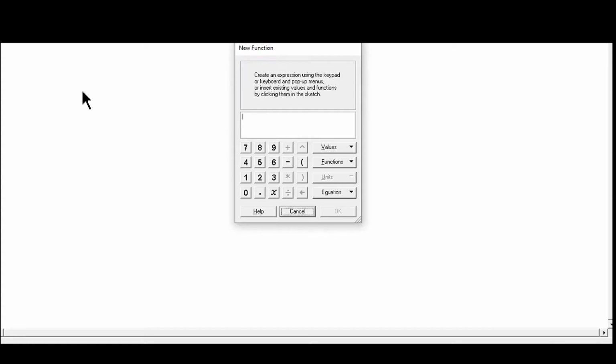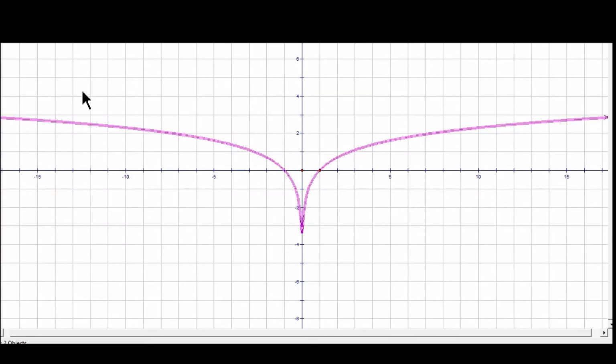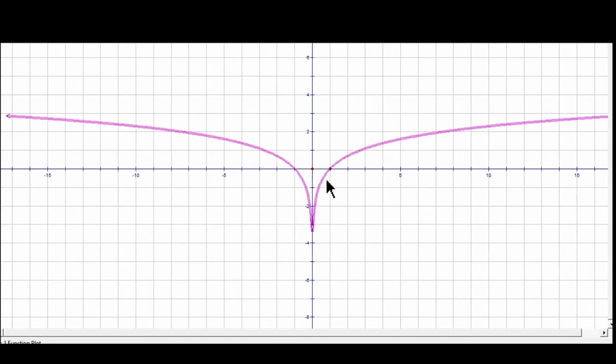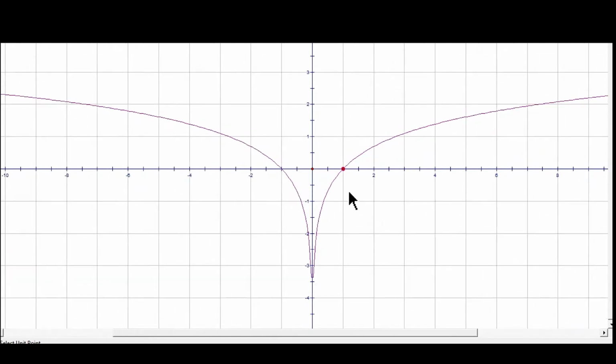Okay, so here it is. I'm going to graph it. So ln absolute value of x. It of course looks like this, so obviously, right? Oh no, this is not obvious to you now, is it? Okay, whatever. I'm going to zoom in a little bit.